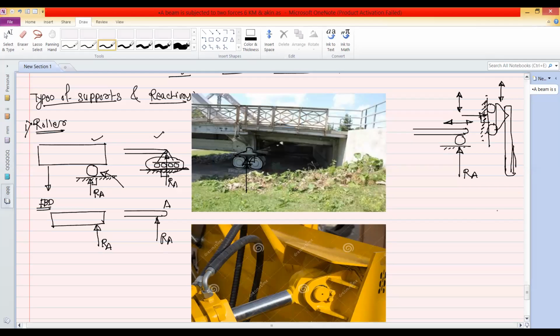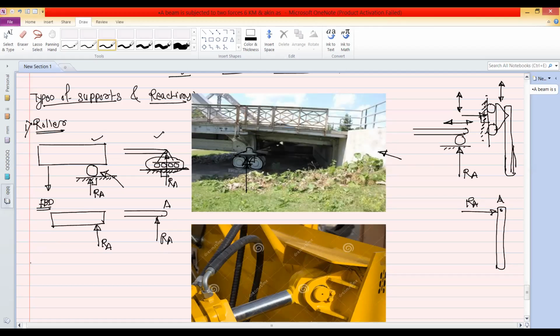So in the FBD, we have to just draw the rod, and then we will show the reaction in the horizontal direction. So this is the reaction RA. Suppose this point is A. Okay. So this is the roller support, and this is the practical application. So roller support, sometimes they are used to support the heavy load. Here you can see the example of the bridge.